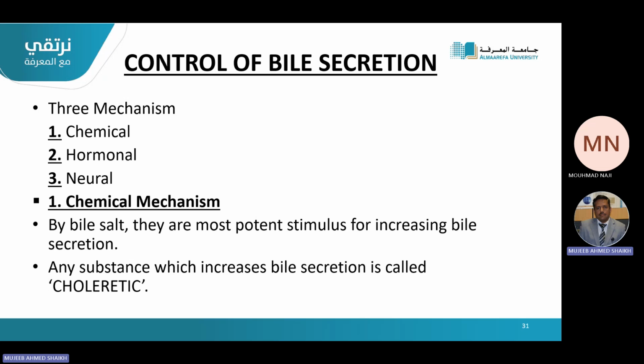Okay, so bile secretion in the GIT is controlled mainly by three mechanisms: chemical regulation, hormonal regulation, or neural regulation. In chemical regulation, the most potent stimulus for bile secretion is bile salts.